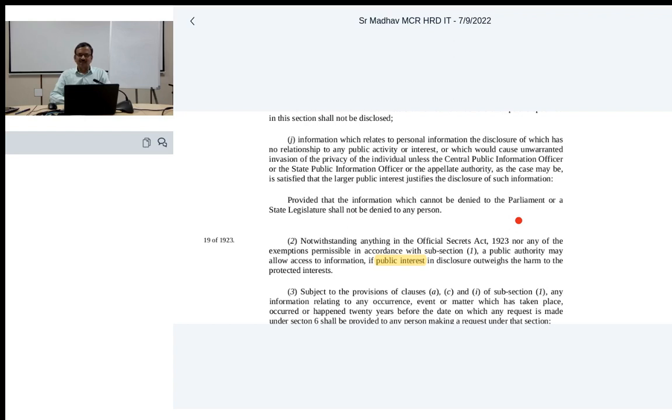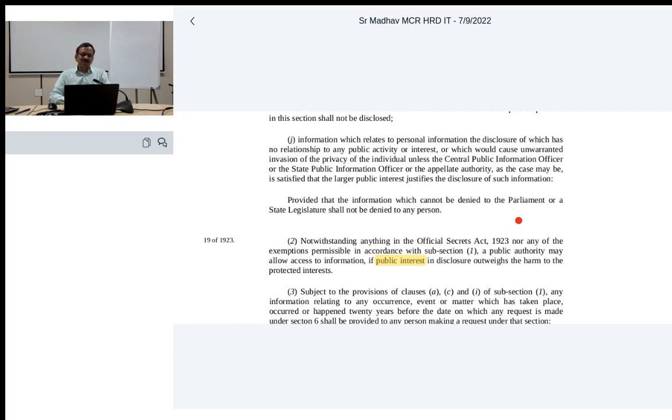Now you do one test. What is that? If the public interest in disclosure outweighs the harm to the protected interest. If there is a larger public interest in disclosure that outweighs the above exemptions, meaning the various harms listed under the exemptions in 8.1, you can still disclose that information.